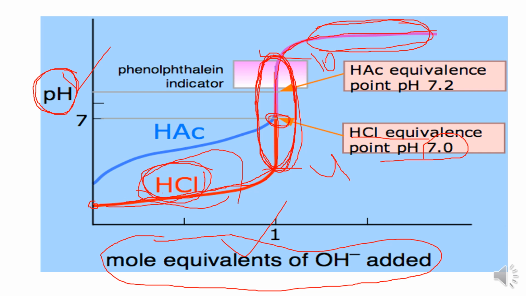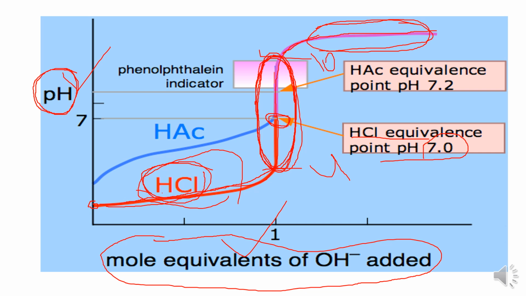It means either methyl orange or phenolphthalein could be easily used, right? Methyl orange has a pH range of 3.1 to 4.4, and phenolphthalein has a pH range of 8.2 to 10. So either of these indicators could be used in a strong acid and strong base titration.